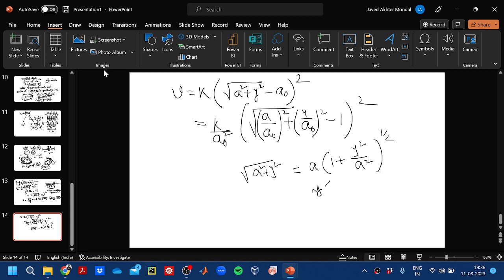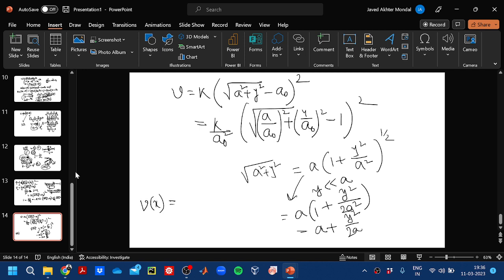Now, if y is very small compared to a, then we can write this as a into 1 plus y square by 2a square, and if we multiply this with a, then we will get a plus y square by 2a. So what will our potential look like? The potential will be k into the square of a minus a0 plus y square by 2a. So this is our potential.